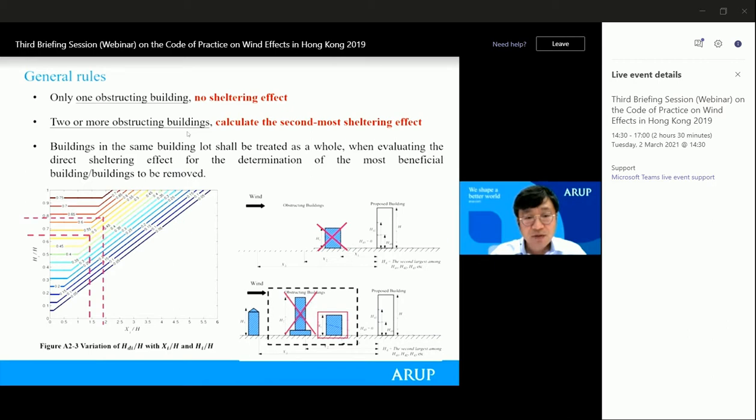The principle behind this is that for buildings within the same building lot, in case of a future redevelopment, the chance that all the buildings within the lot are redeveloped or demolished is very high. So that's why, when considering the most sheltering building and ignoring that beneficial effect, the buildings in the same building lot should be treated as a whole.